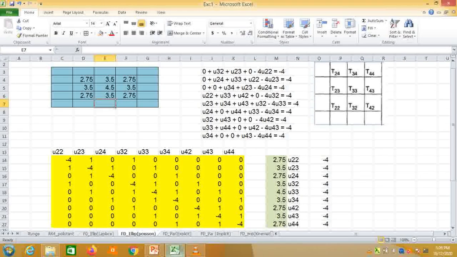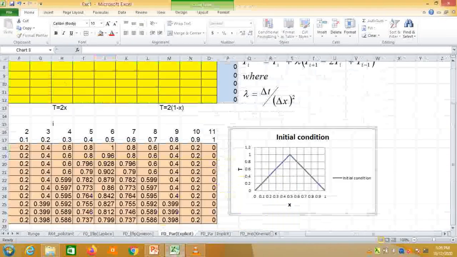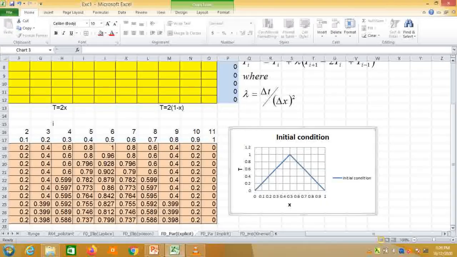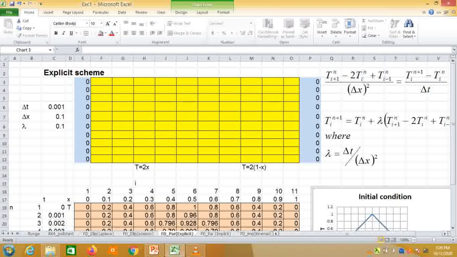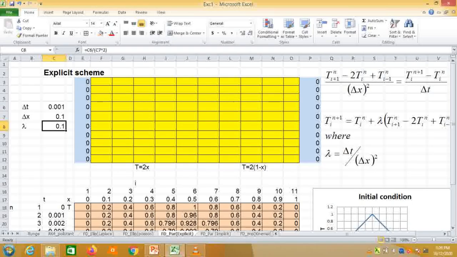So here you can see the equation. Explicit scheme, delta t is 0.001, delta x is 0.1. So lambda, which is k times delta t over delta x squared, where k is 1 here, is going to be 0.001 over 0.1 squared, which is essentially 0.1.